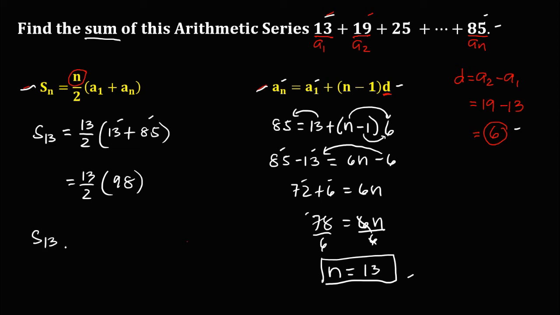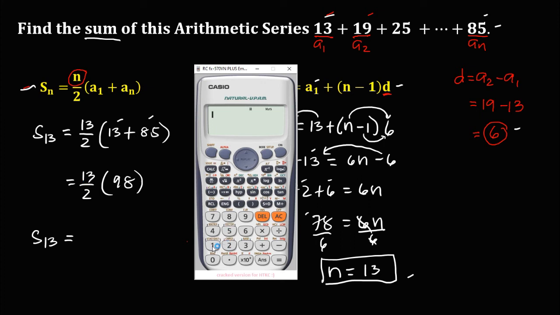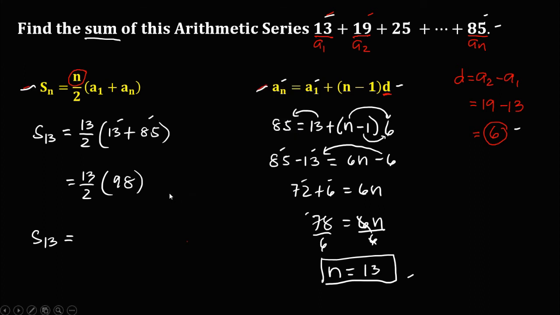So the sum of these 13 terms is 13 divided by 2 times 98, that's 637. So the sum of these 13 terms is 637.